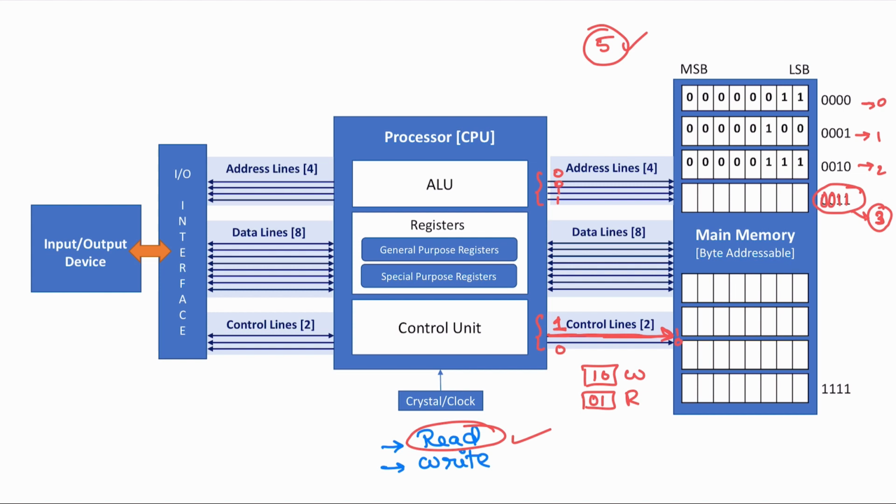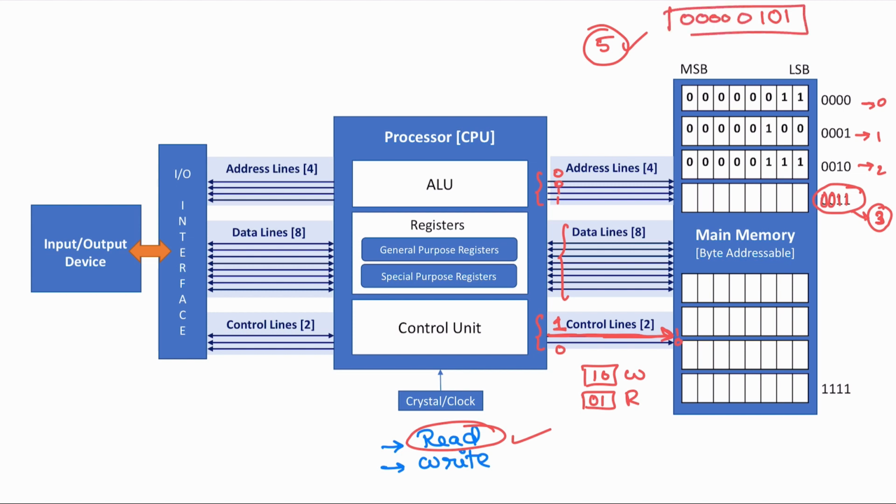Now it will send value 5 through data lines. CPU will send value 5 through data lines. How can we represent 5? We can represent 5 as 1 0 1, the remaining are 0, right?